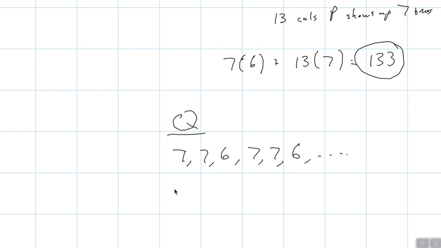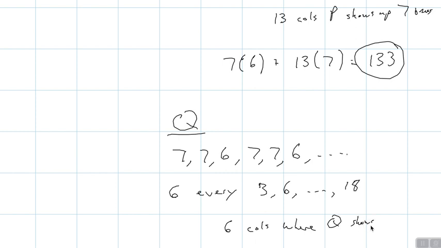So doing the same thing, a 6 shows up every third column, 6th column, all the way to 18th column. So 6 shows up in these columns. Therefore, there are 6 columns where Q shows up 6 times, because there are 6 here.